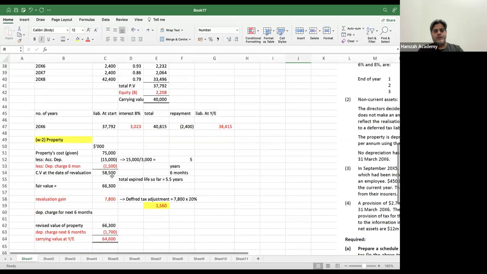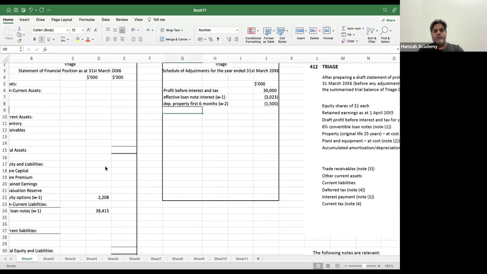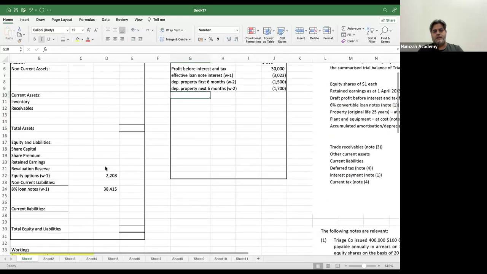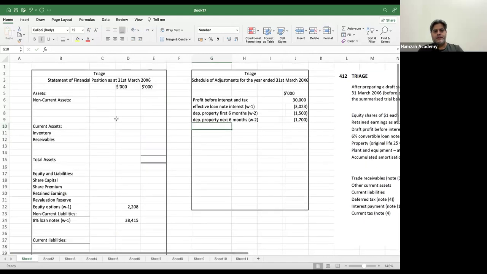For the first 6 months, the depreciation is going to be 1,500. Depreciation property next 6 months, that's going to be 1,700. Then I have the carrying value 64,600.